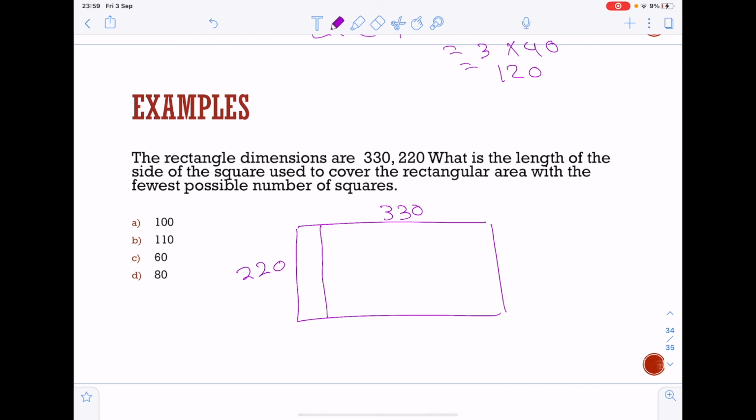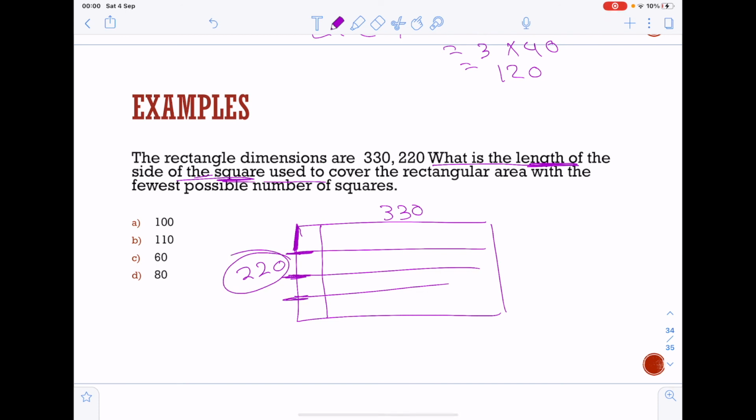So we want to divide this into a number of squares, and we want to know the length of the square side. So in how many parts should I divide 220, and how many parts should I divide 330?